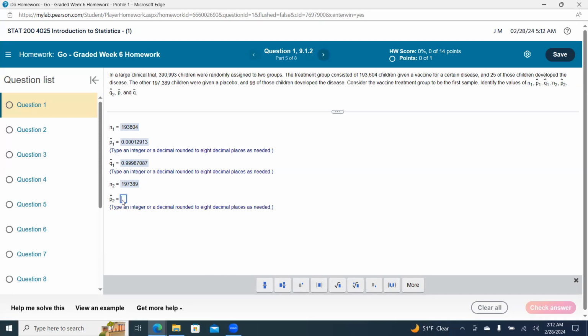That's going to be 96 divided by the number, right? Divided by 197,389. Also to 8 decimals, I get 0.0004865.